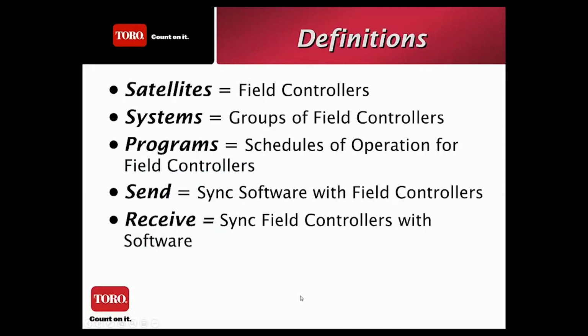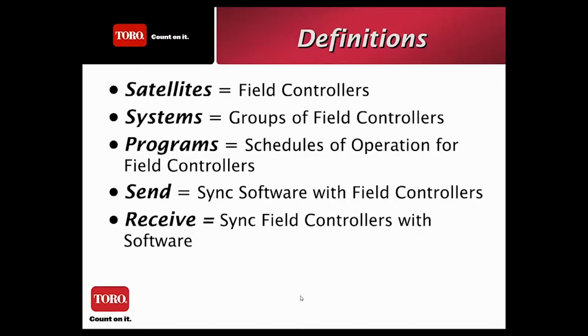I'm going to define a few things here for people that hear a name and say, well, what exactly does that mean? In the irrigation industry, we like to use the word satellites, and we're not referring to what's up in space. We're talking about field controllers. When you buy a Sentinel controller, and we build it in Riverside, California, and we ship it to your distributor and they deliver it to you, it's installed.